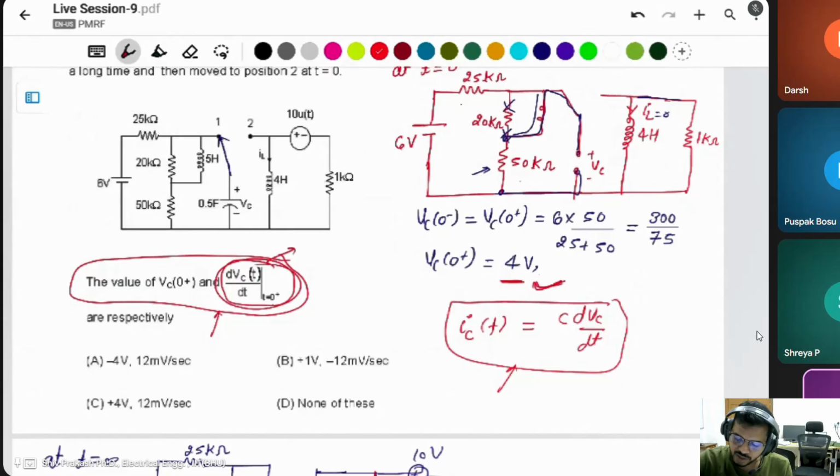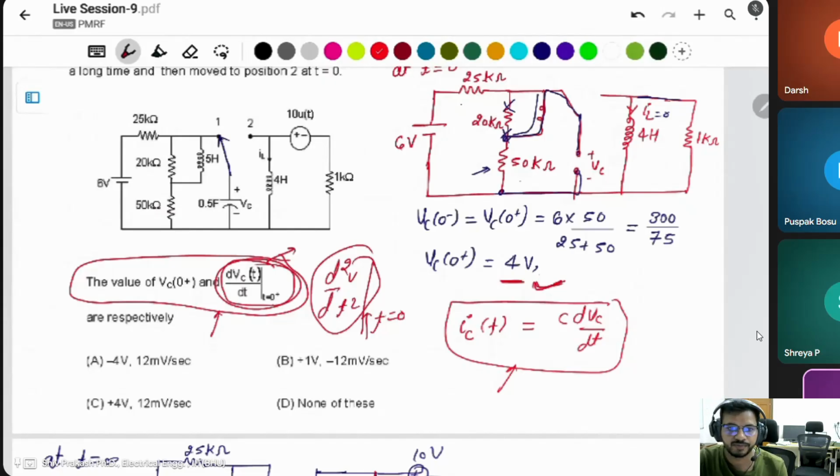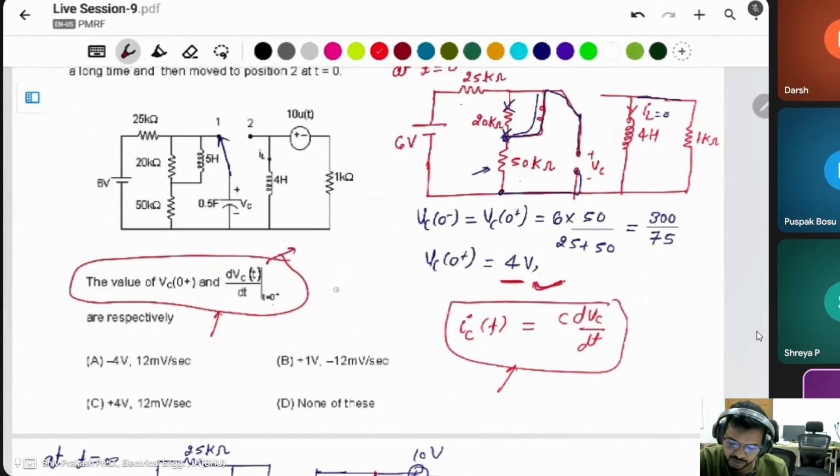But sometimes there is a double differentiation. In that condition, you have to find the voltage equation, then differentiate it 2 times, then put the value at t equal to 0 to find the initial voltage. But in this case it is simply asking dV by dt.